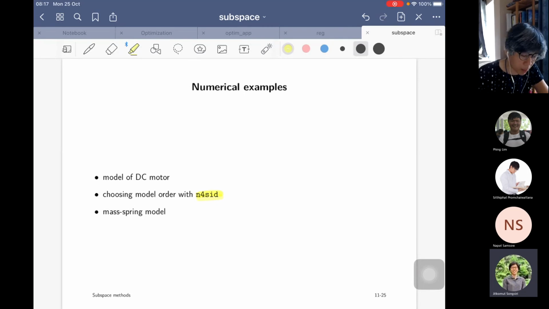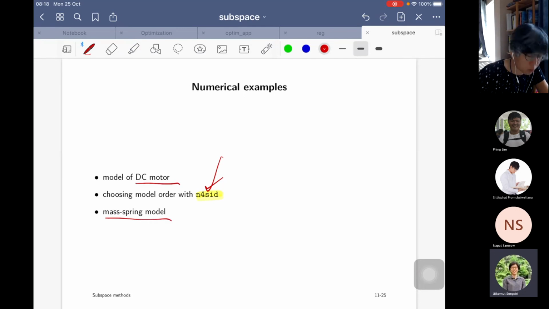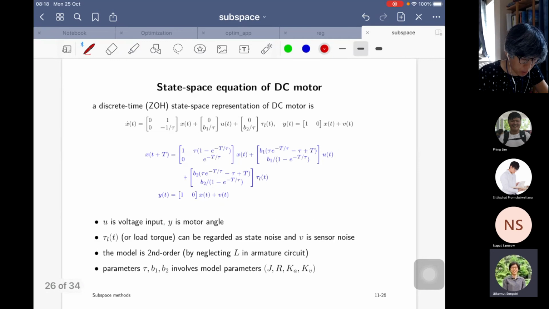Please be reminded that there are many algorithms regarding subspace methods, and we give you an example of one. We're also going to explain a customized algorithm in subspace identification. So there are two models, a DC motor and a mass spring model. Let's start with the first one.